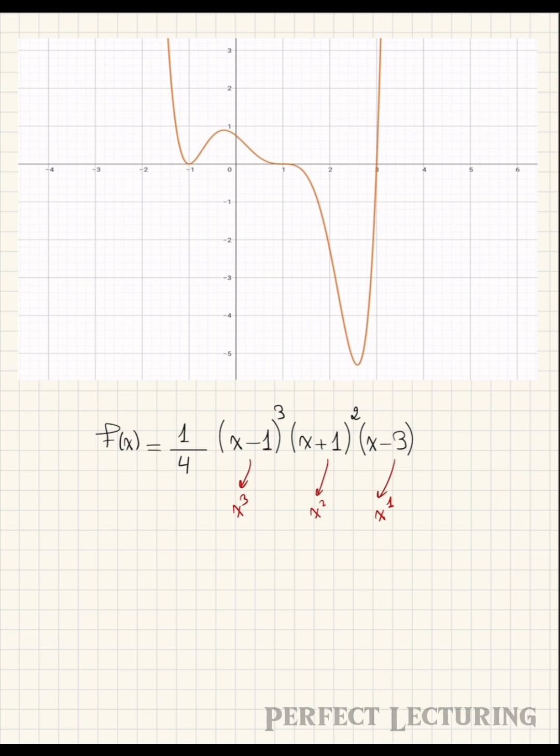So the degree is 3 plus 2 plus 1, and it's equal to 6. This means that the number of turning points should be less than or equal to 5. And yes, 1, 2, 3. We got 3 turning points, and this means that we will not necessarily end up with n minus 1 turning points. It is either n minus 1 or less.